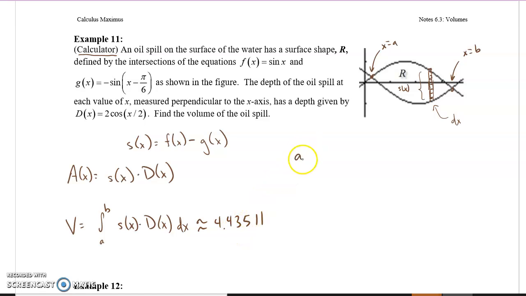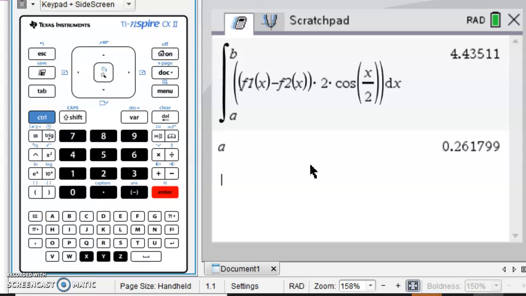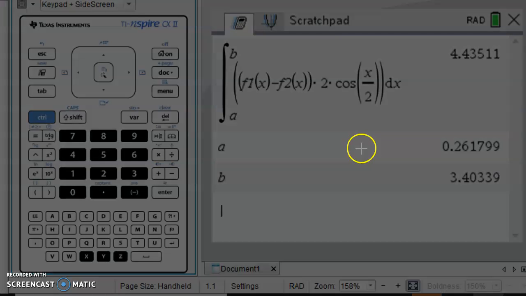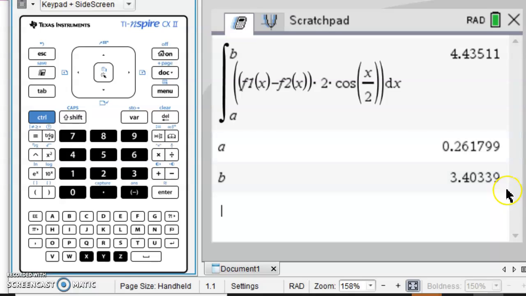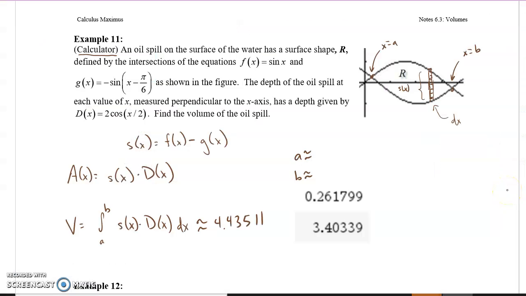We might want to say A is approximately equal to and B is approximately equal to, and pull those values out of the calculator, but I'm not sure if we even need to do that as long as we label what A and B are on the graph. But for the sake of completion here, I'll go ahead and put those here.